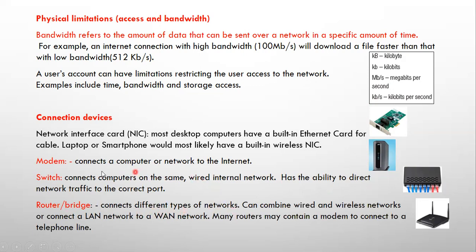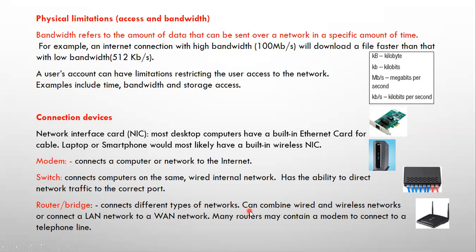Now your router or bridge connects different types of networks. So in your local area network, you will use a switch. But if you're connecting two different networks, you will use a router or a bridge. That is why when you're connecting to the internet, we use a router, because it connects your home network to the internet, which is a global network. So it's two different networks.